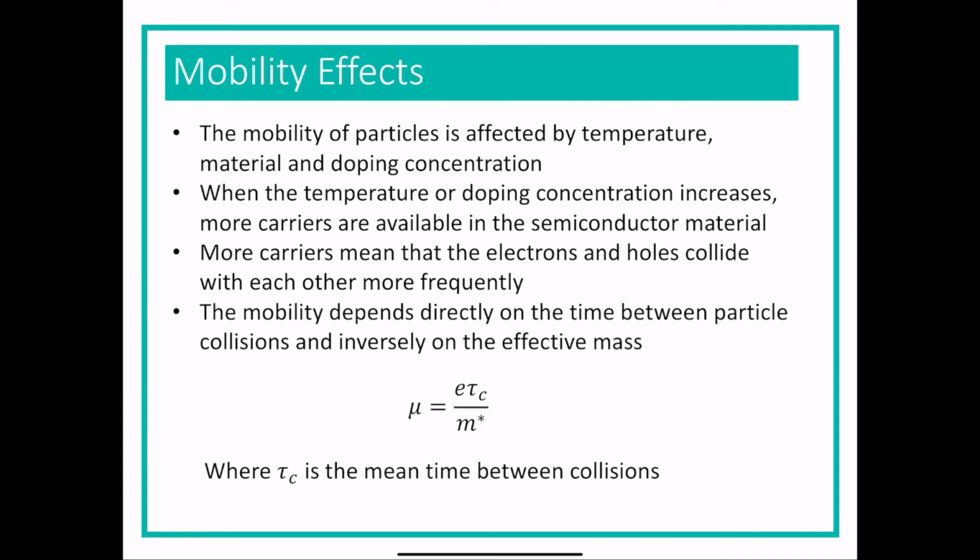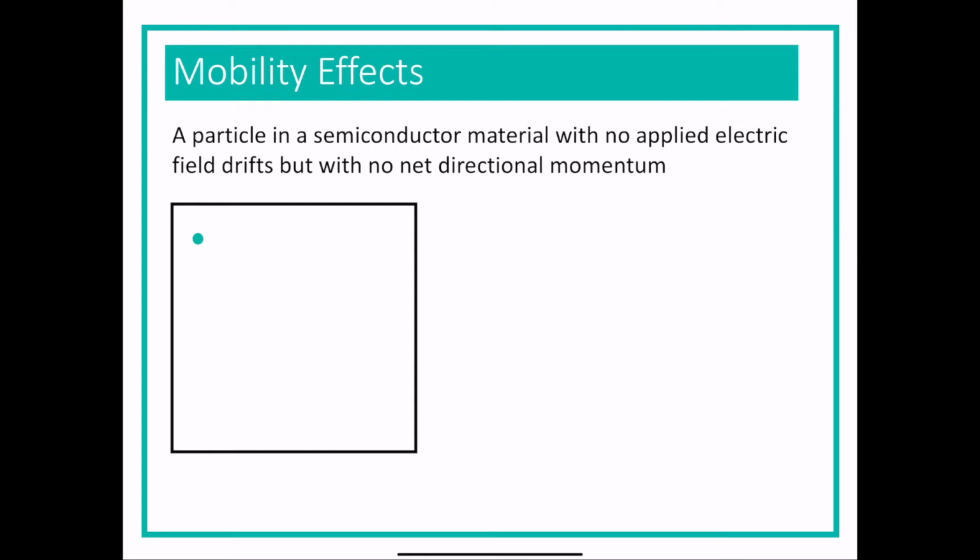So if we have a particle in a semiconductor material and we don't apply an electric field, it still moves. It just moves around but doesn't really go anywhere. It doesn't make any net movement in any particular direction.